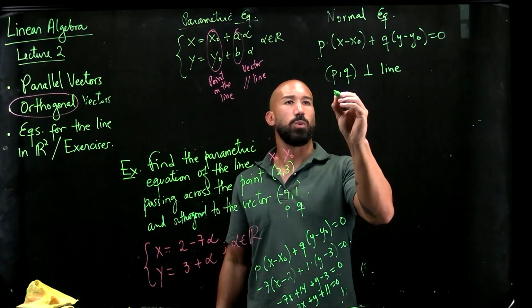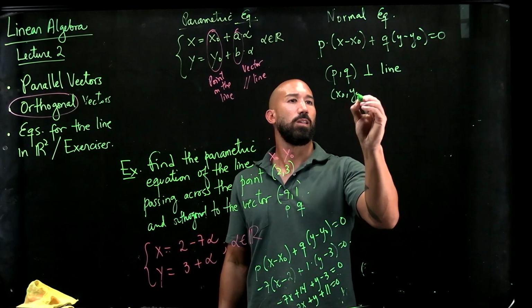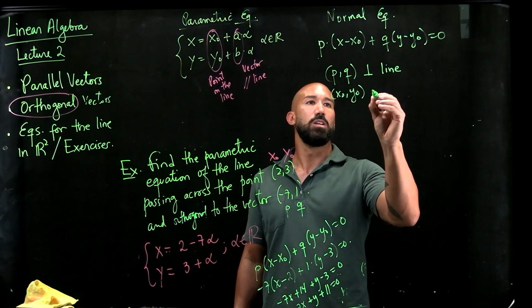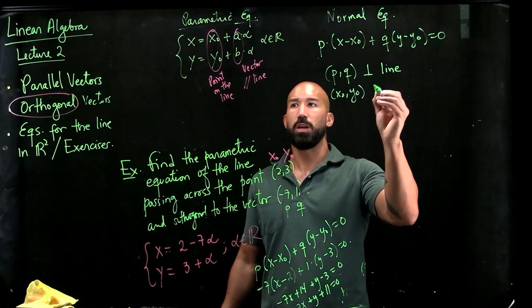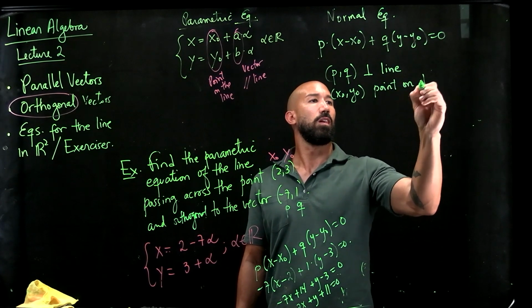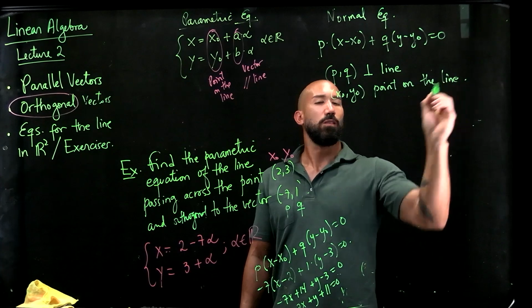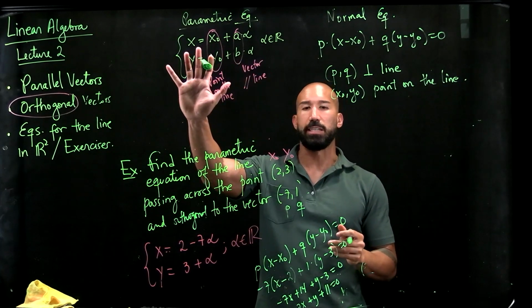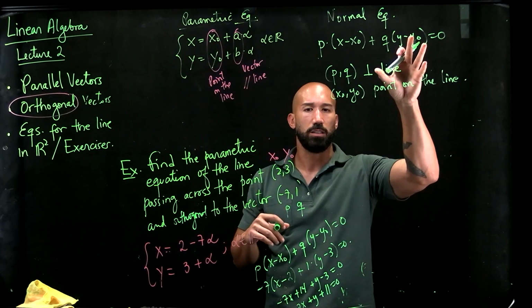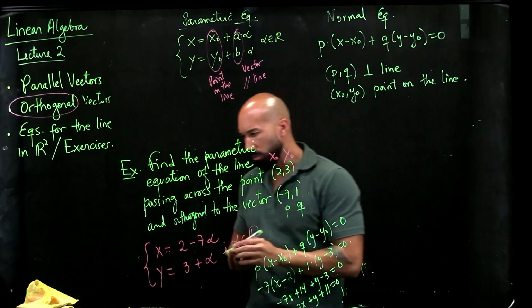And again, x0, y0 is a point on the line. For every line, we can get a parametric equation and a normal equation. Is that okay?